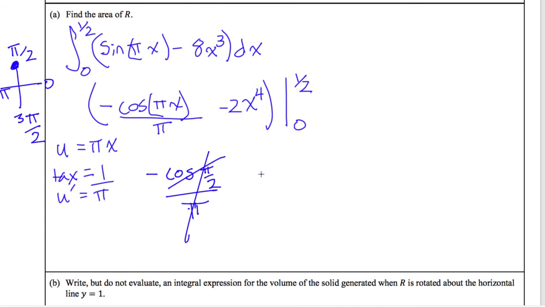Okay, minus 2 times 1/2 to the power of 4. 2 to the power of 4 is 16. So this is negative 2 over 16 because of the 2 up front, and the 16 on the bottom. And 2 over 16, divide the top and bottom by 2, you get 1 over 8. So it's a negative 1 over 8.